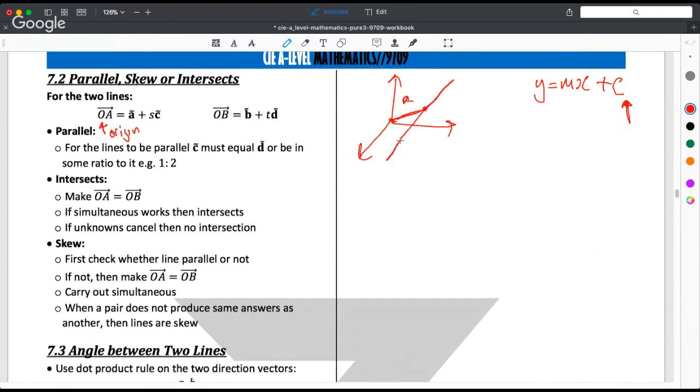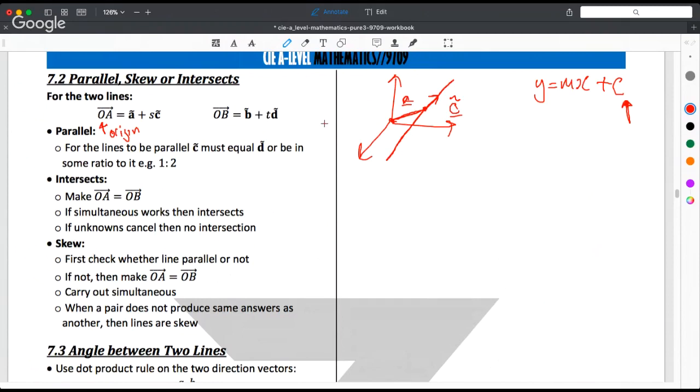So just to recap, A gets you onto the line, and then when you multiply c by some value of s, that allows you to move along the line. c is a vector that points this way. And the same thing is true for OB. It's a position vector for a point on a line.